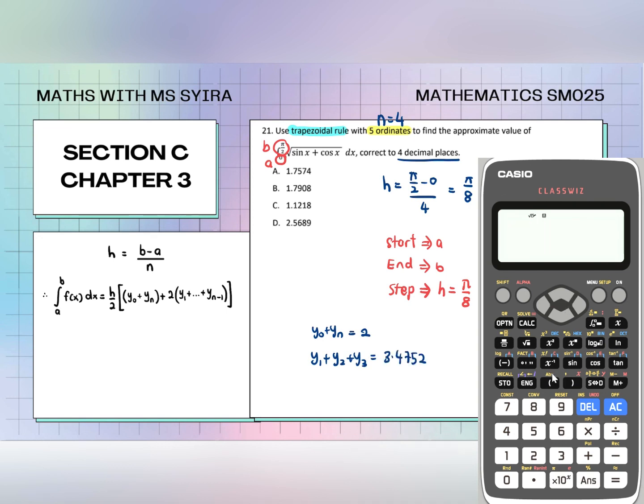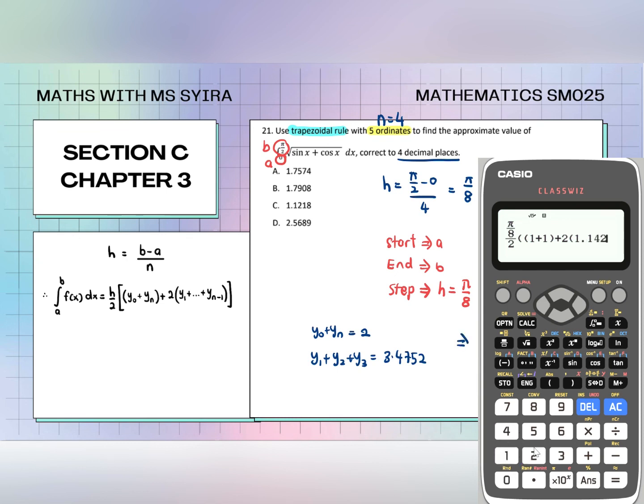So tadi kita punya formula adalah h over 2. H kita adalah pi over 8. So shift pi over 8 over 2. Okay, and then kita ada y0 plus y1. Y0 plus y1 tadi adalah 1. Okay, saya buat dalam bracket teruslah. 1 plus 1 plus twice of 3 value kita tadi kamu salin 1.143.